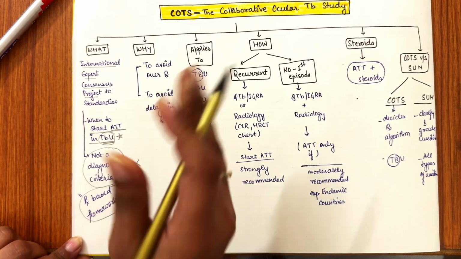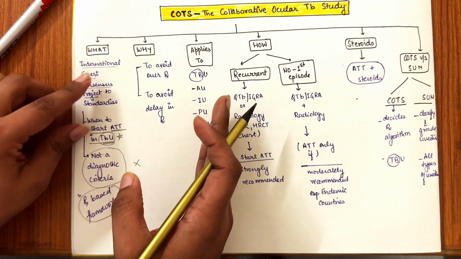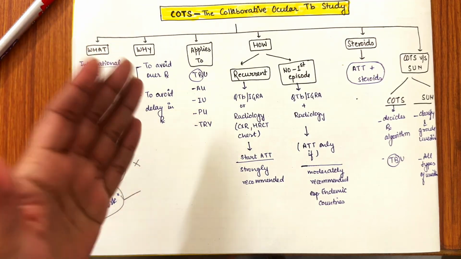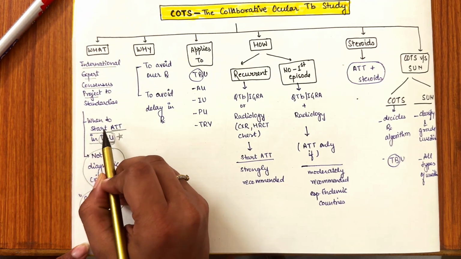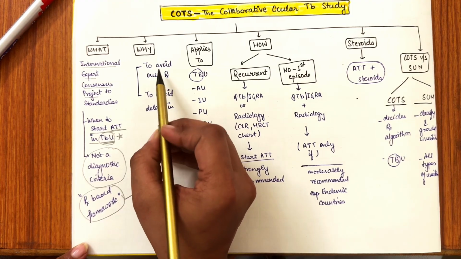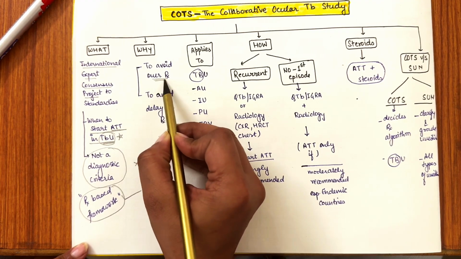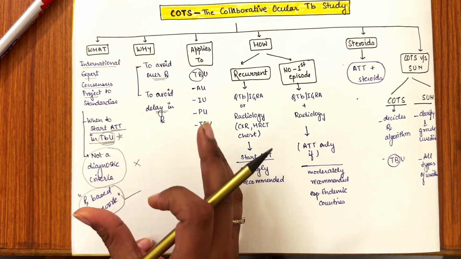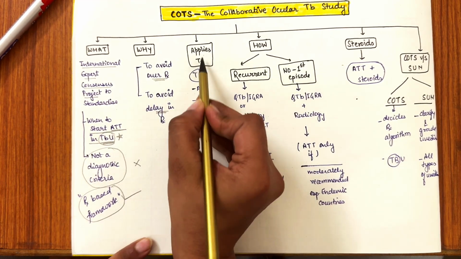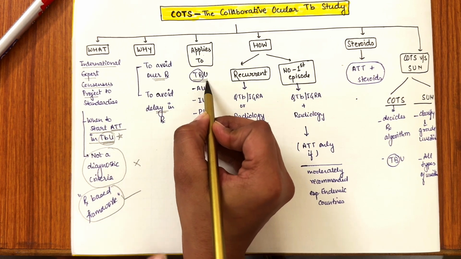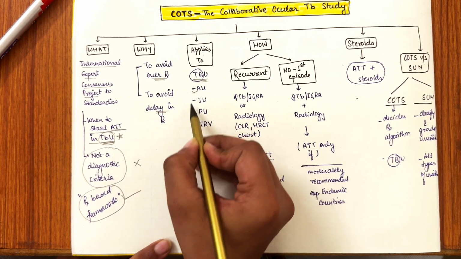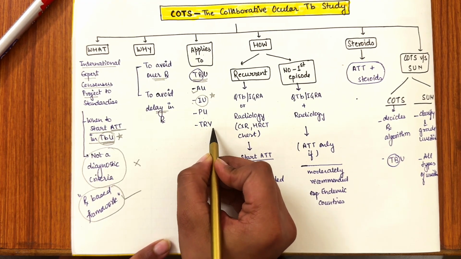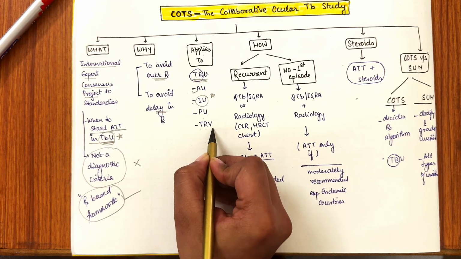Why was it considered? Because before COTS, people were either overtreating or the treatment was delayed. It applies to all types of TB uveitis, be it anterior, intermediate, panuveitis or tuberculous retinal vasculitis.